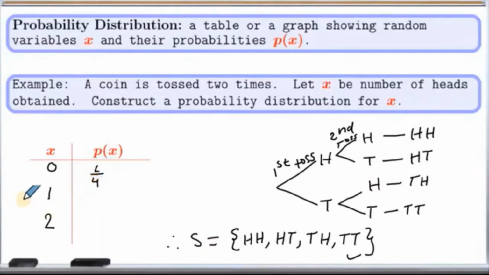So let's look at when x is 1. When x is 1, it means we are looking at one head. On the sample space, we consider the outcomes head, tail, and tail, head. So we have 2 out of 4.